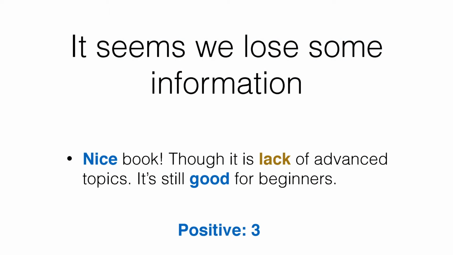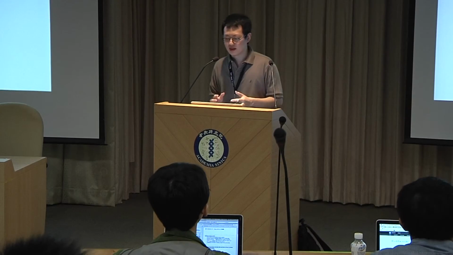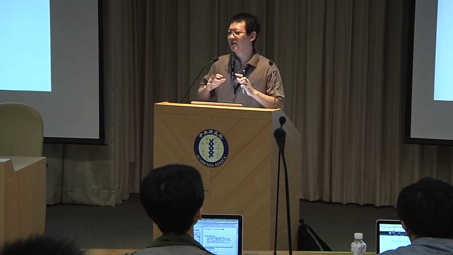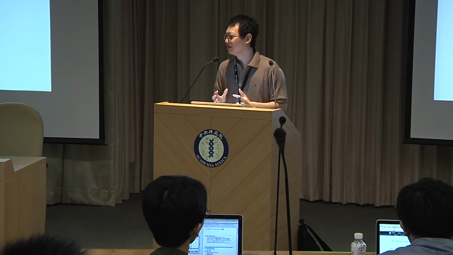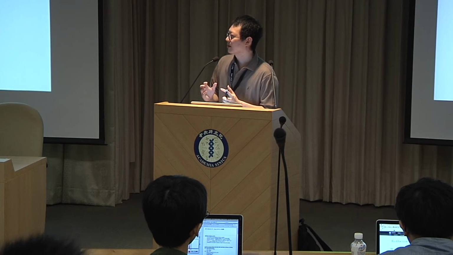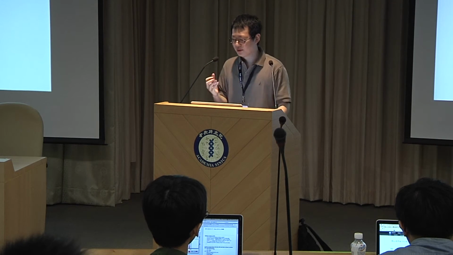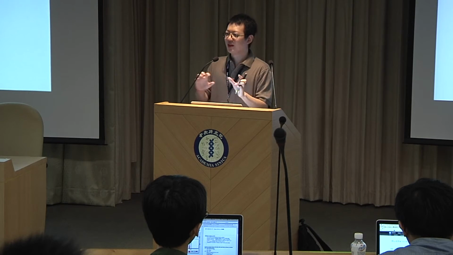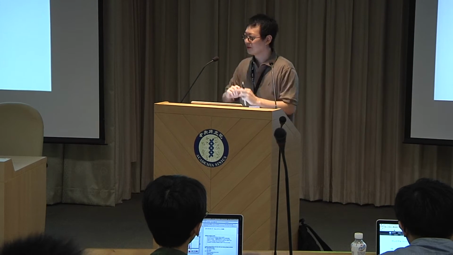But it seems like we lose some information. Think about when we use our very basic algorithm to compute that. Yeah, we get a positive 3, and we know this is a positive sentence. But sometimes we will not build only one model to compute the score. We may compute lots of models and finally combine them together.